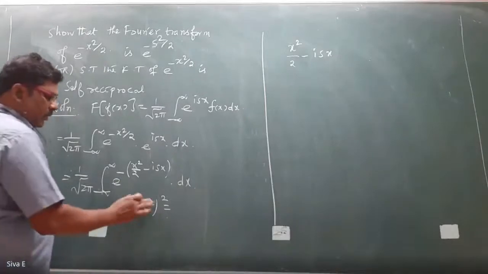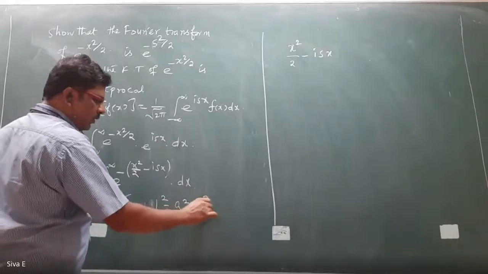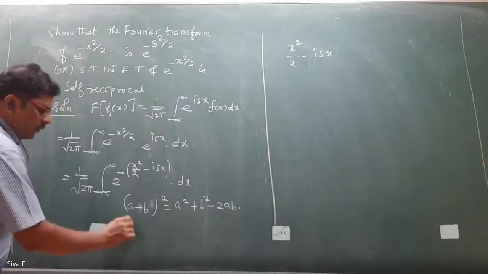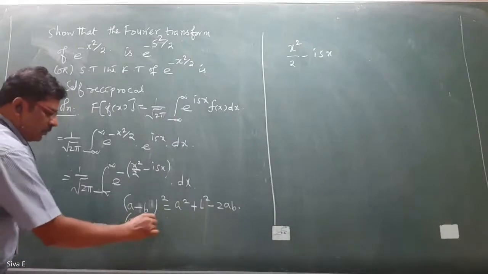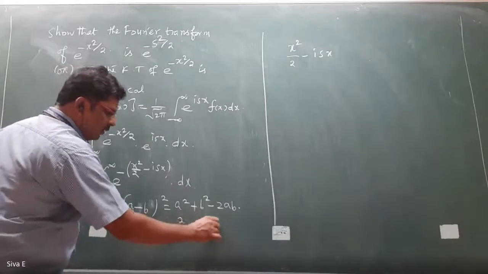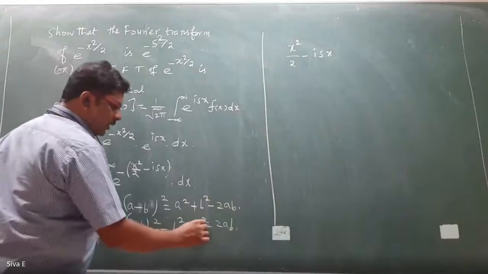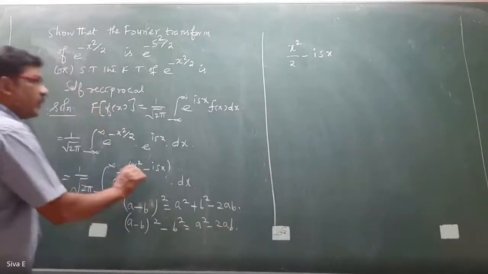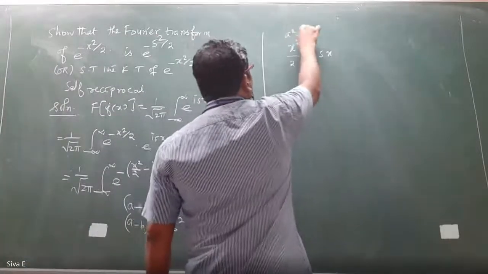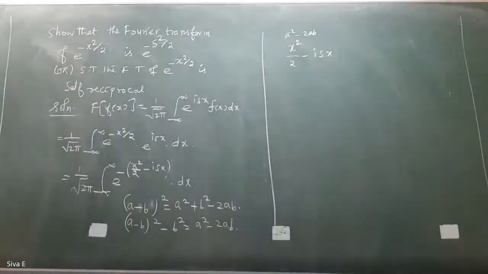A minus b whole square is a square plus b square minus 2ab. Therefore, a minus b whole square minus b square equals a square minus 2ab. You take this as the a square minus 2ab format. Am I audible?